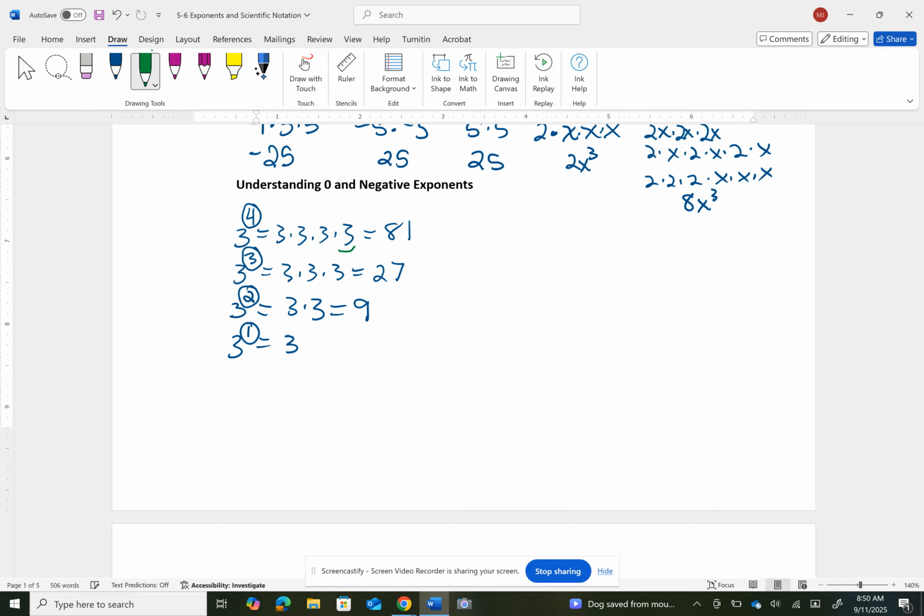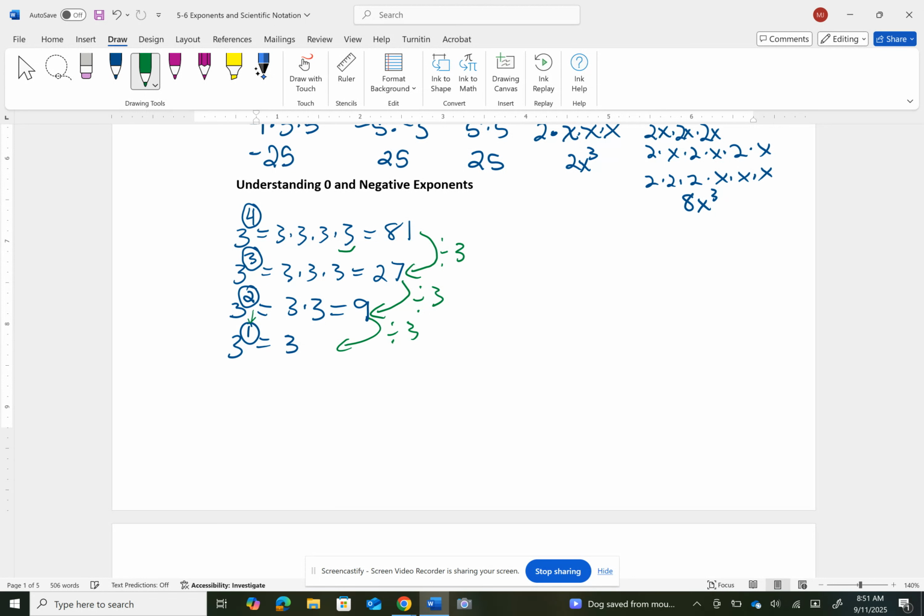That's because when the exponent goes down by 1, I could have taken 81 and divided by 3 to make the 27 happen. When I drop a 1 on the exponent, that means I'm going to lose one of the 3's. So 27 divided by 3 would have given me the 9. So when I drop 1 on the exponent, I could divide by 3 to see what my answer is. And notice we're getting what we're expecting.